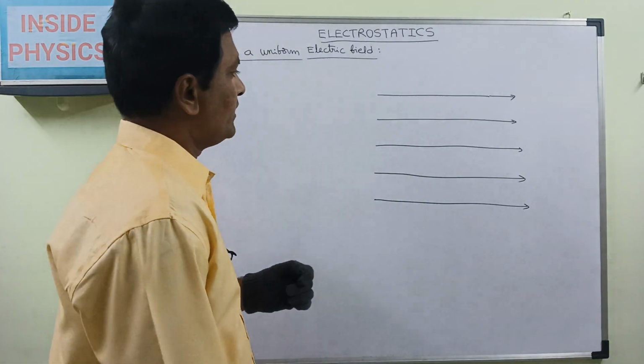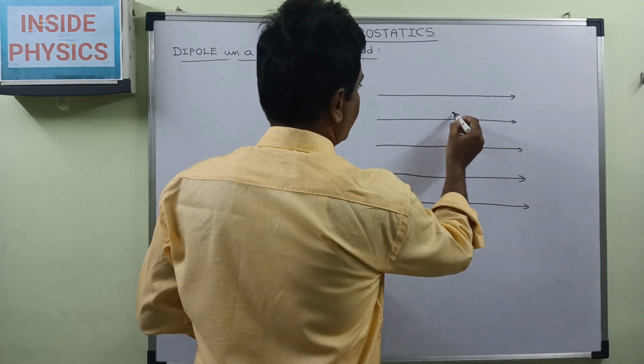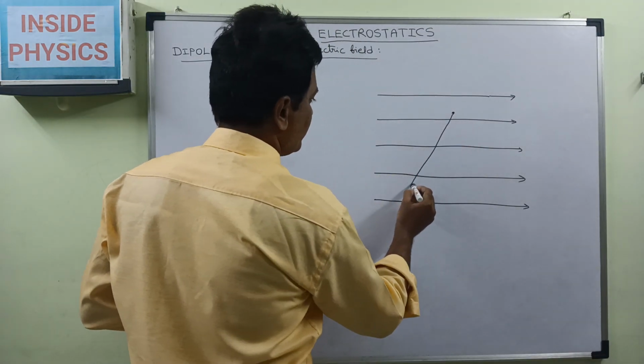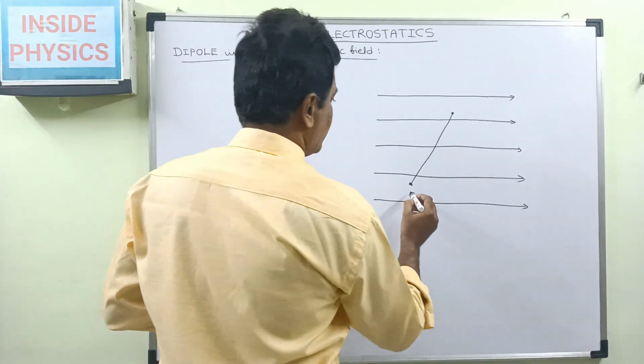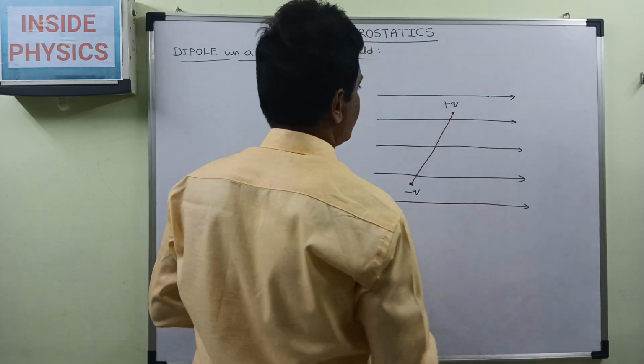We will see here. Consider a dipole placed in this electric field. This is the negative charge, this is the positive charge.